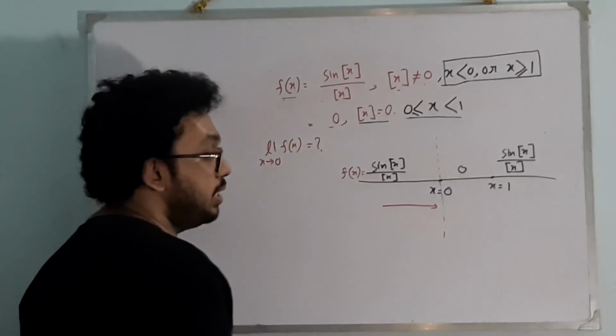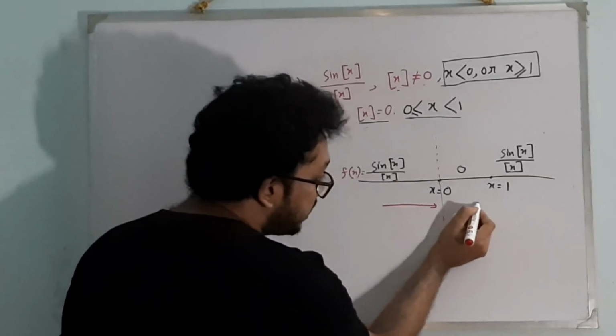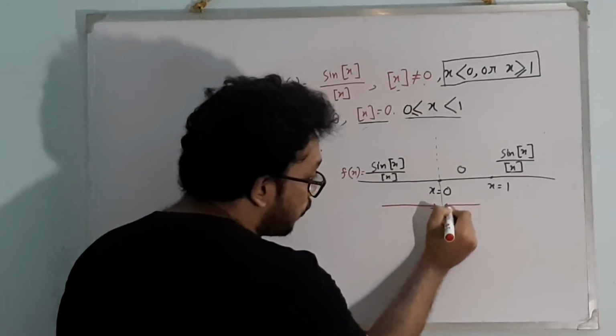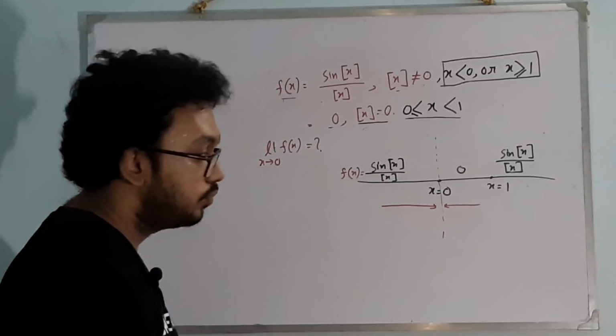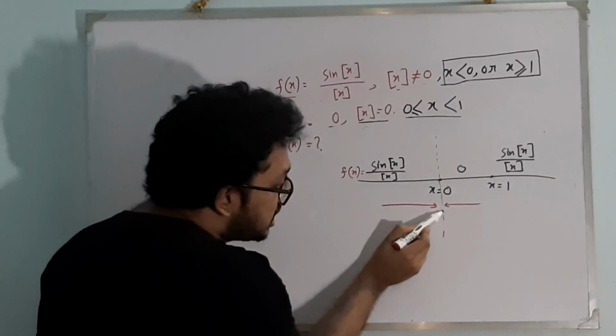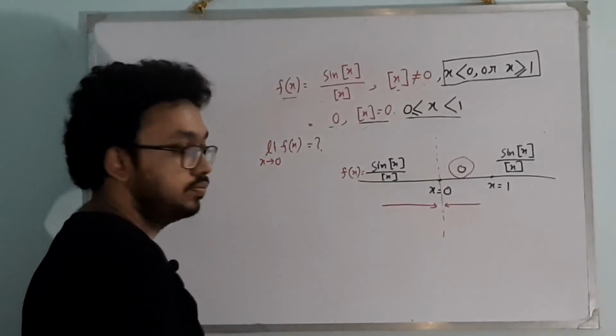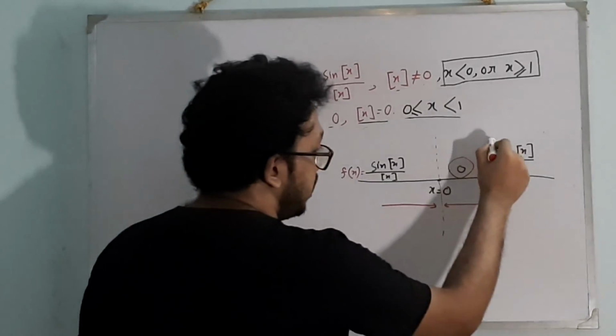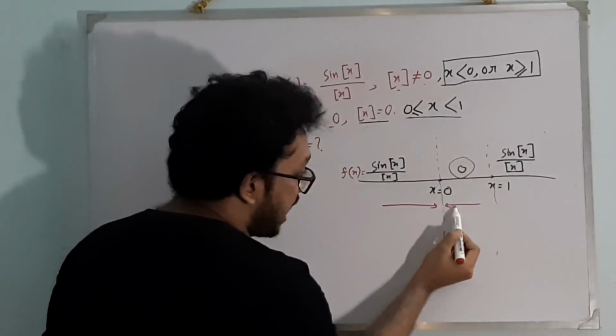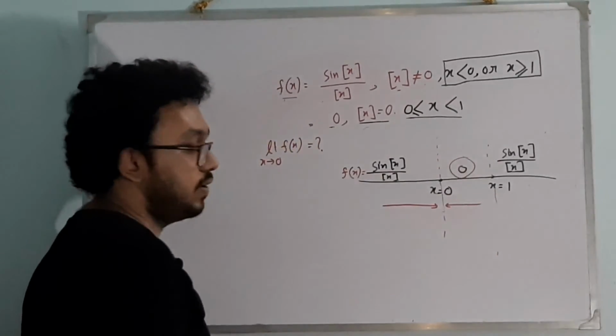When we evaluate the right hand limit at x equal to 0, we tend towards x equal to 0 from the right hand side, right? And we observe that just on the right side of x equal to 0, the value of f(x) is 0.